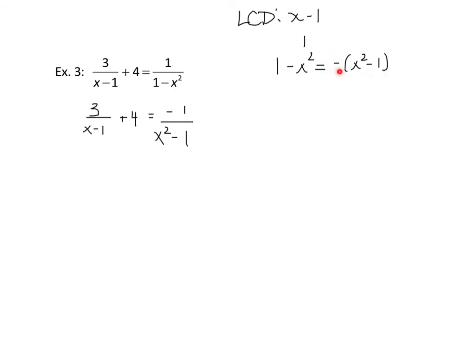I'm now applying that same negative sign here to the numerator of this last fraction. So if I continue factoring here, then I'm going to use this as x plus 1 times x minus 1 for the x squared minus 1. So my LCD is x plus 1 times x minus 1.